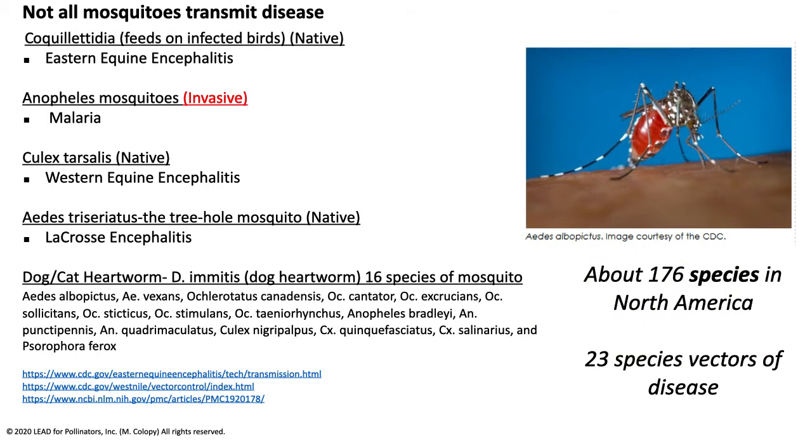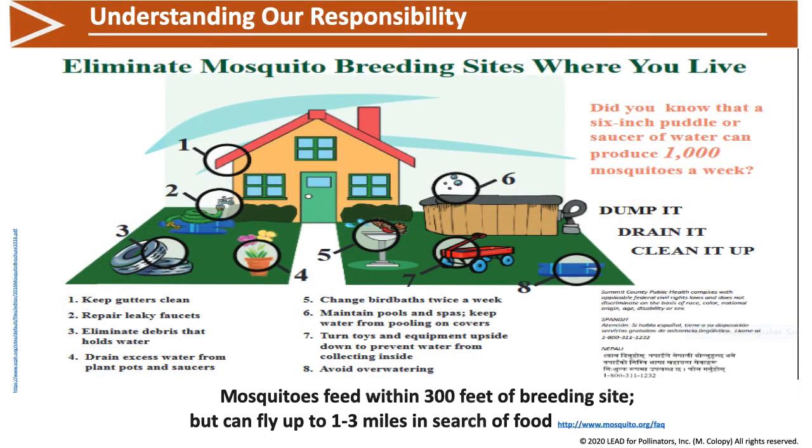The most prevalent disease transmitted by native mosquitoes is heartworm, which infects dogs and cats. So please protect your pets from mosquitoes by talking with your veterinarian and take actions to reduce the mosquito habitat around your home. We can protect public health and protect pollinators.